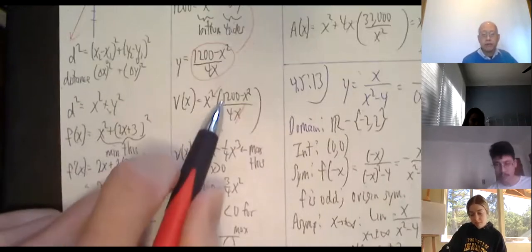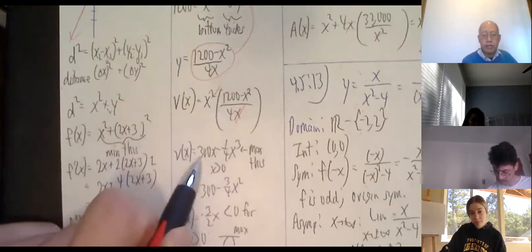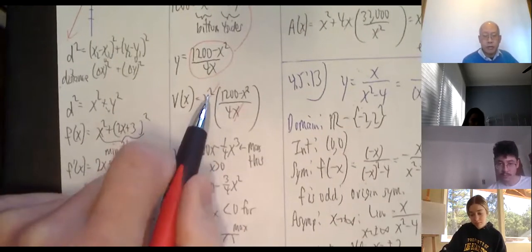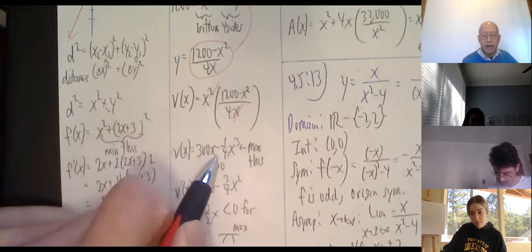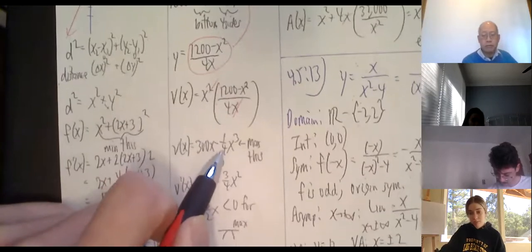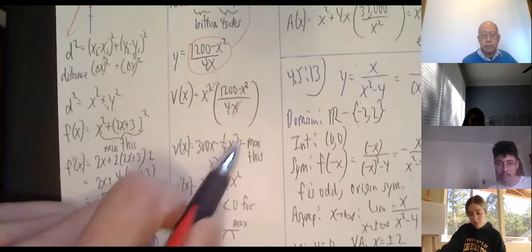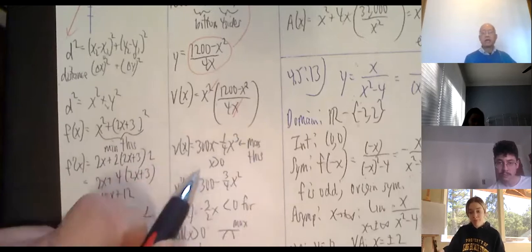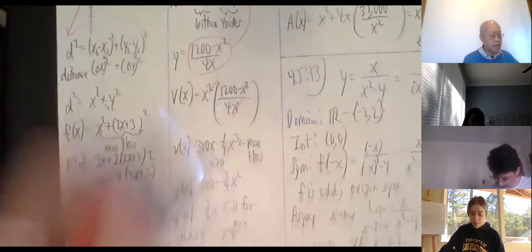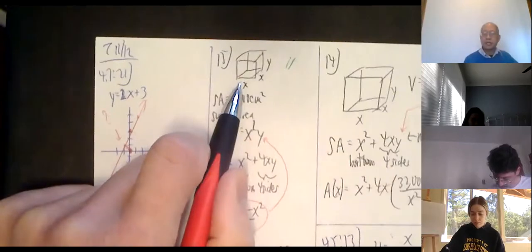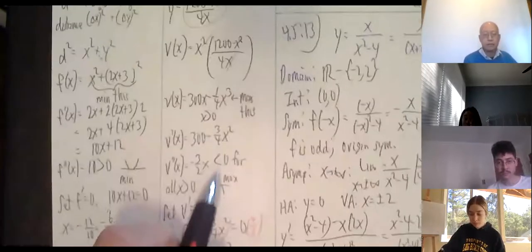X cancels here. So I have 1,200 over 4, which is 300x. And then distribute that with that, I get minus 1/4 x cubed. This is a quantity you want to maximize, and x is greater than 0 again. These are distances. Distances can't be negative. Distance can't be 0, at least to come up with a box.